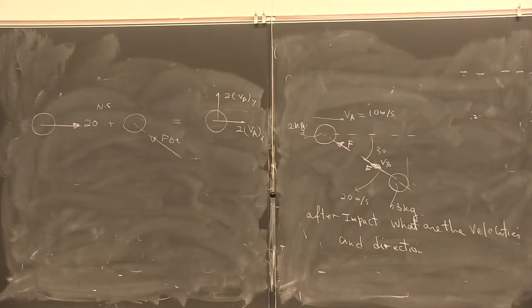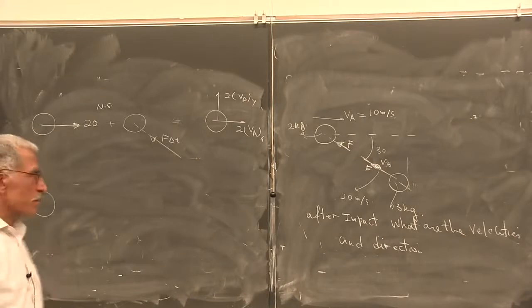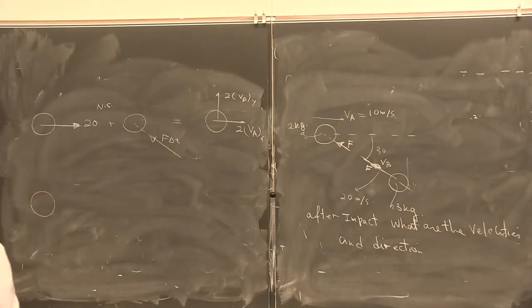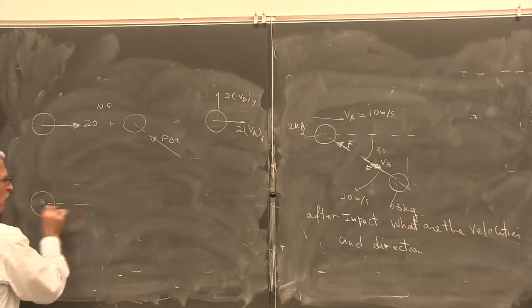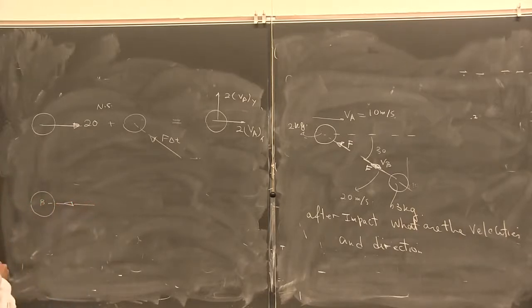For particle B, it is going with a momentum in this direction, equal to 3 kilogram times 20 meters per second.